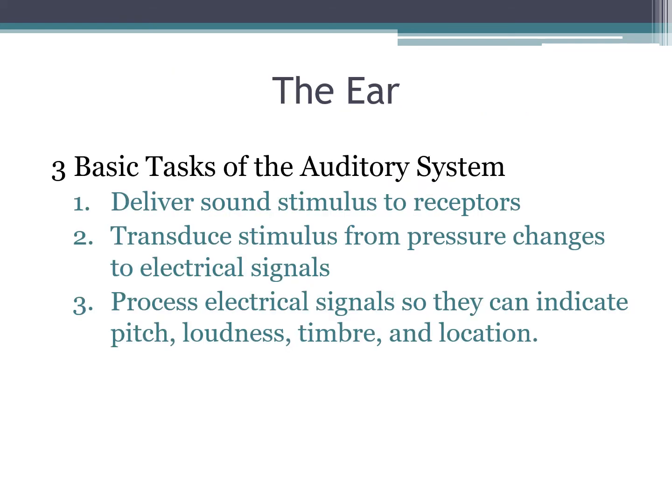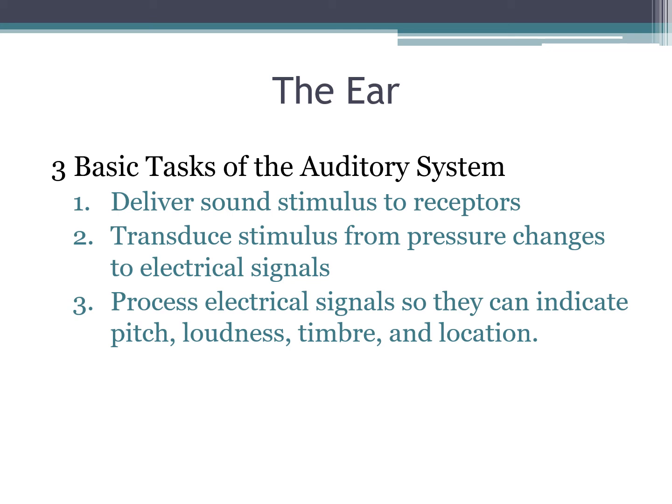So that was the sound stimulus, various aspects of the sound stimulus. And we finally got into the ear and the auditory system. The auditory system has three basic tasks. One, to deliver the sound stimulus to the receptors, our sensory receptors. Two, the receptors need to transduce that stimulus from pressure changes to electrical signals.